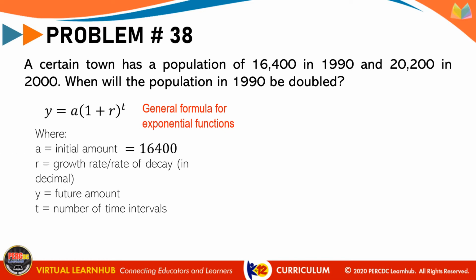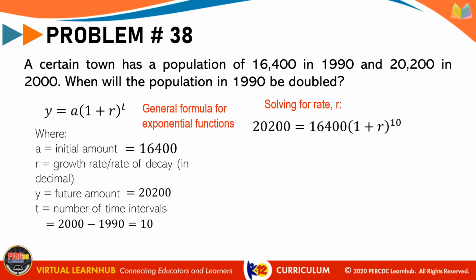Our initial amount is 16,400. Our future amount is 20,200. And the number of intervals is from 2000 to 1990, and that is 10 years. Solving for rate r, 20,200 equals 16,400 times (1 plus r) raised to 10.